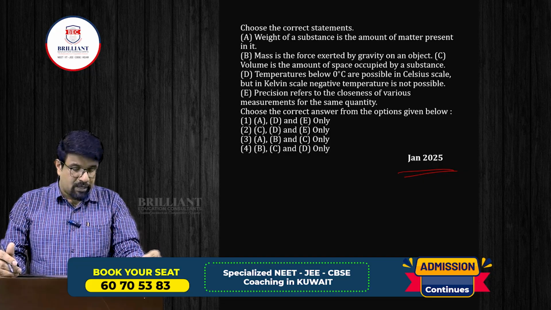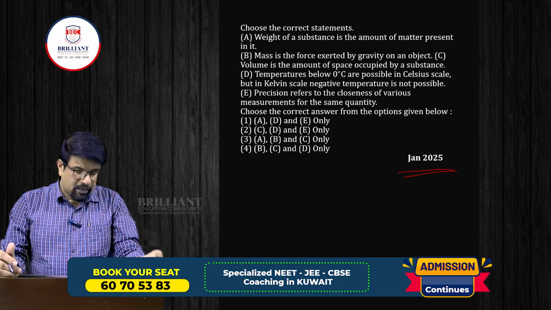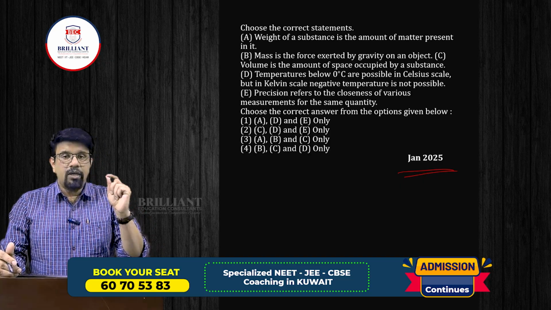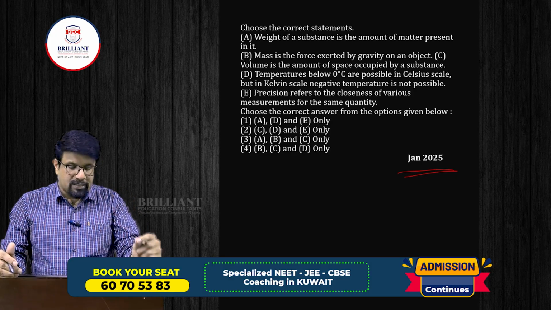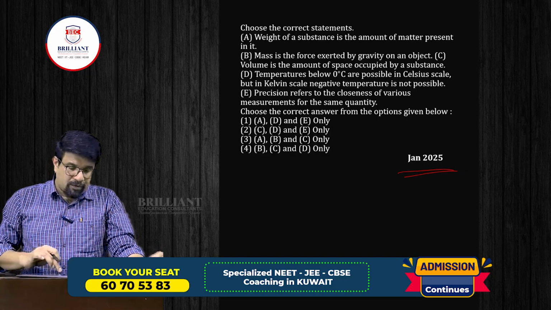And option D: temperatures below 0 degree are possible in the Celsius scale, but on the Kelvin scale negative temperature is not possible. And option E: precision refers to the closeness of various measurements for the same quantity, right? Choose the correct answer from the options given below.